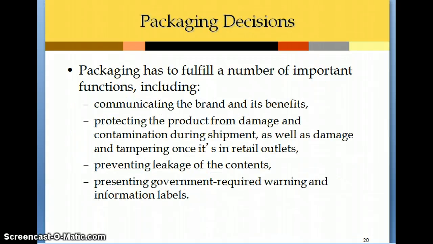Packaging decisions are related to trying to communicate the brand and its benefits, protecting the product from damage and contamination during shipment, as well as damage and tampering once it's in retail outlets, preventing leakage of the contents, and presenting government-required warning and information labels.